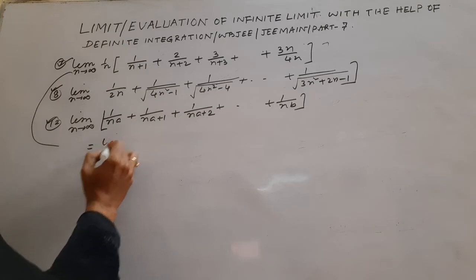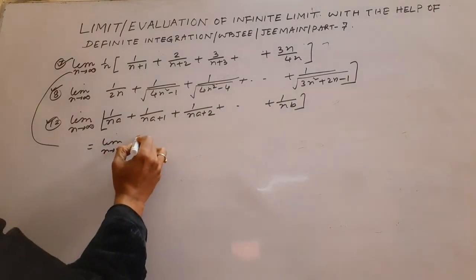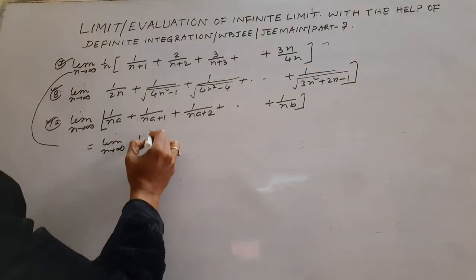So limit n tends to infinity. Look, 1 by n is already present.